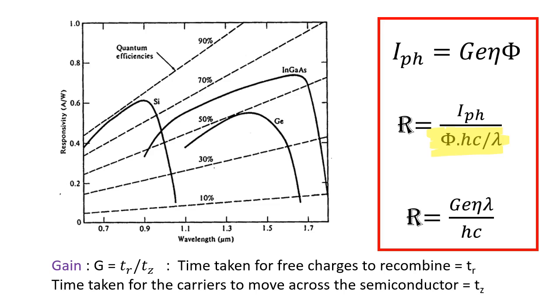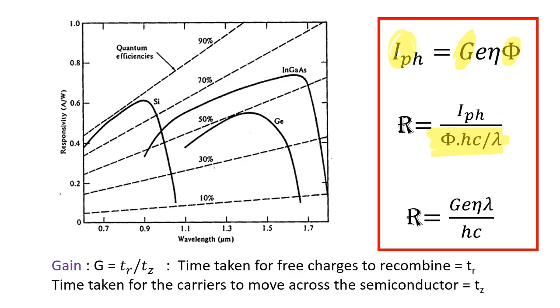I will come to this process of gain a little later, but essentially, this is what we have seen here. e, which I represented as q earlier, is the electron charge. Eta is essentially the quantum efficiency, and phi is the photon flux. All right. So that is how one is looking at the relationship between the input, in this case the photon flux, and the generated photocurrent, right?